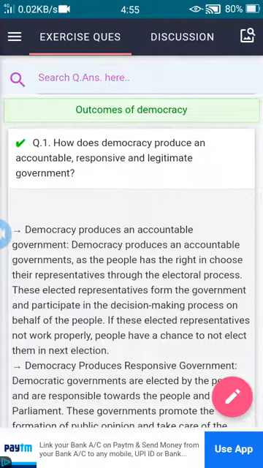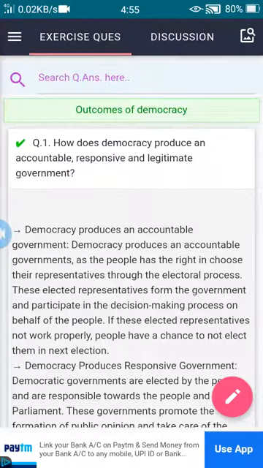The first question is, how does democracy produce an accountable, responsive and legitimate government? Answer, you can write like this: democracy produces an accountable government. Democracy produces an accountable government as the people have the right to choose their representatives through the electoral process.